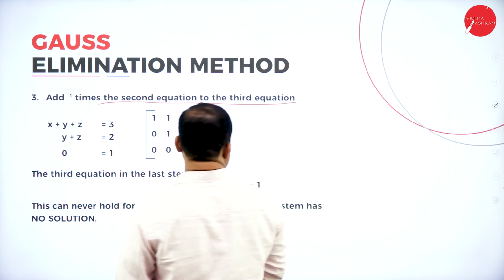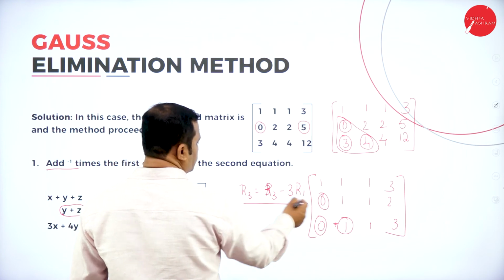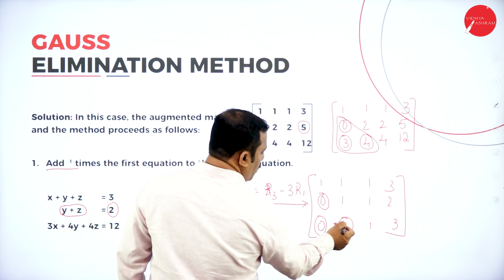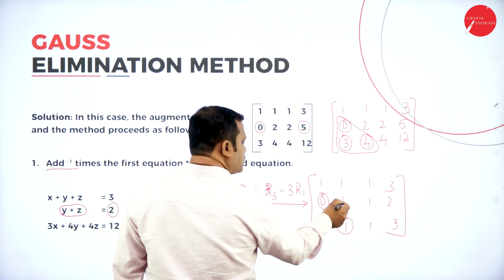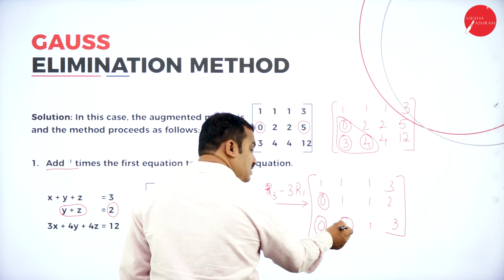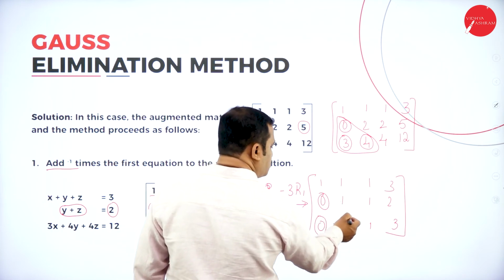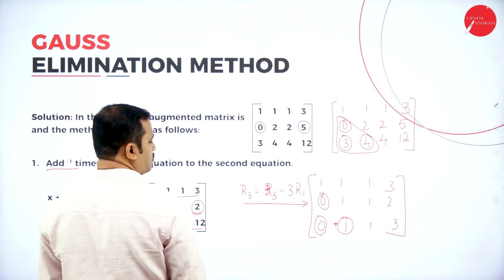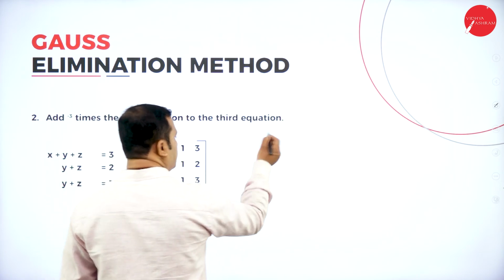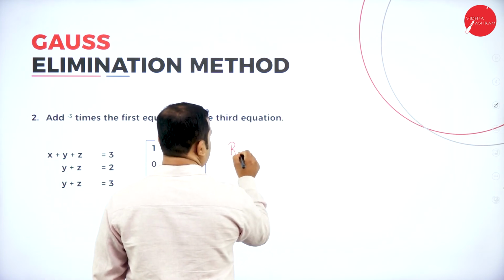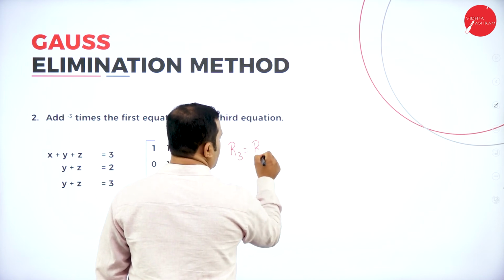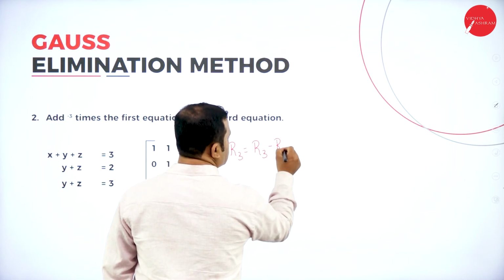That indicates, see here, R3 minus R2 is assigned to R3. This term becomes 0. So let me rewrite that: R3 is equal to R3 minus R2.